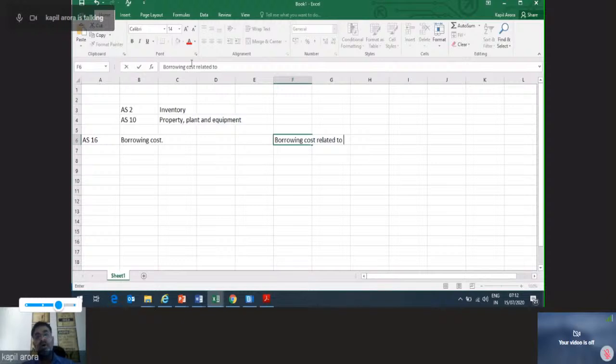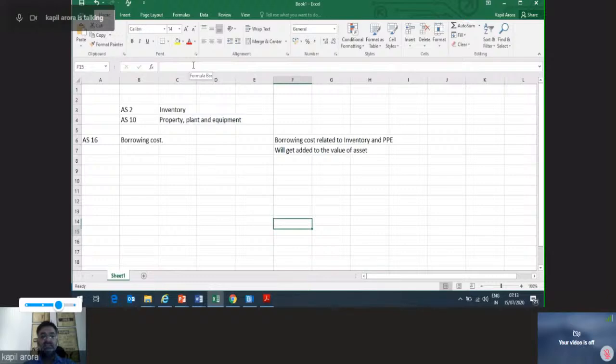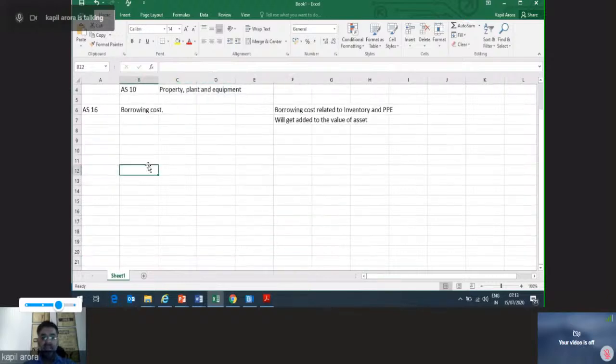Borrowing cost related to construction, or I would say related to inventory and property, plant and equipment, will get added to the value of the asset.